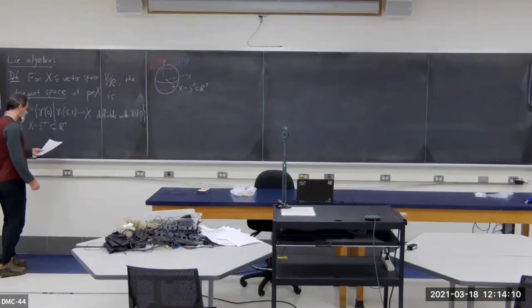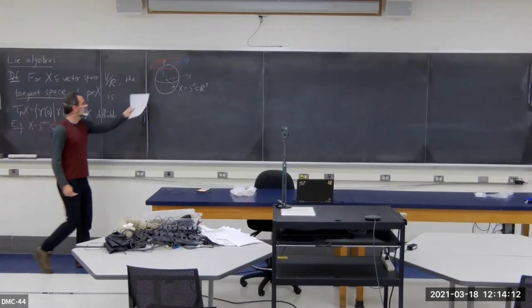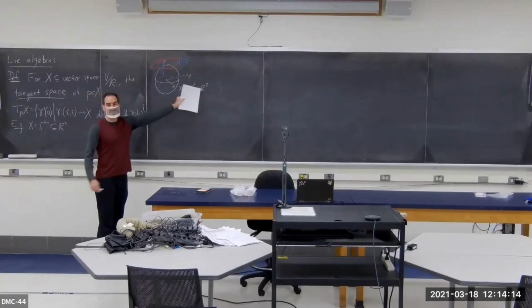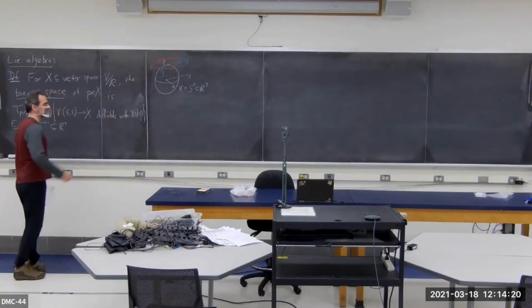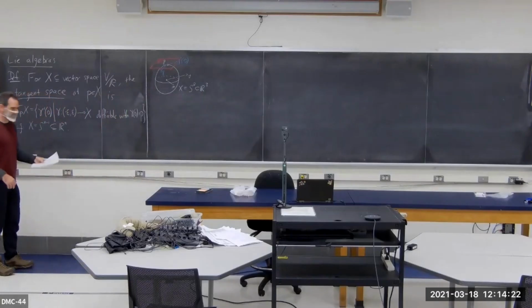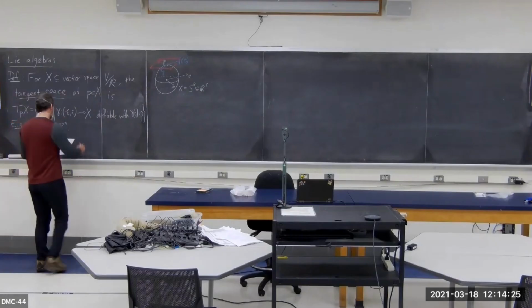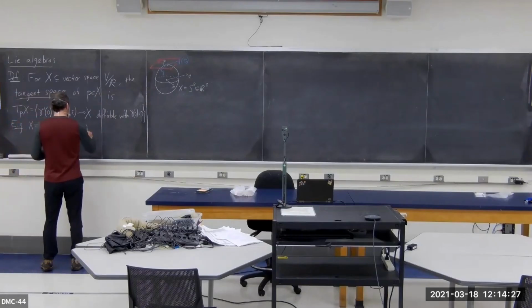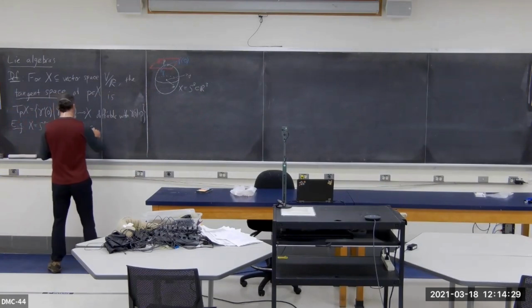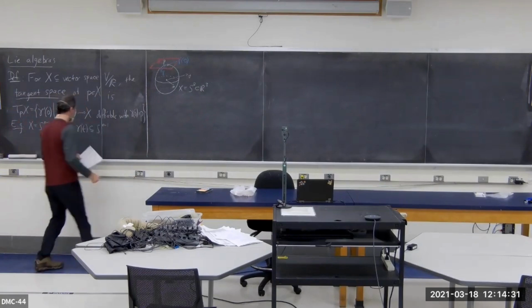The sphere is the set of vectors in R^3 with length 1. Agreed? This is the unit sphere. We could do it with a sphere of different radius, but let's just make it 1 because it'll make all the calculations easier. So then, what does it mean for gamma of t to be contained in S^{n-1}?